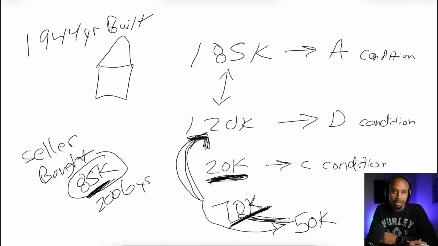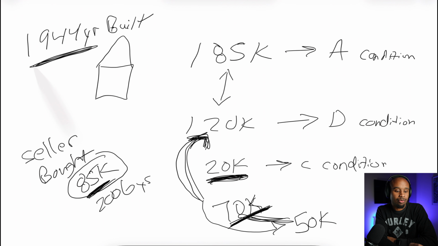It needs everything. It needs a lot. This is one of those properties that I wouldn't try to take on. I would leave this in the hands of some investor out there who just loves to turn an ugly duckling into a beautiful swan.